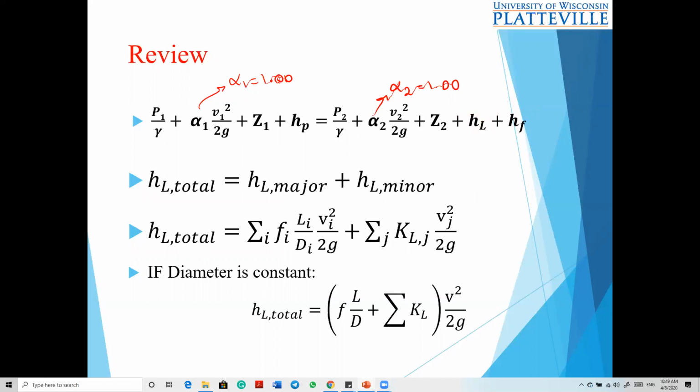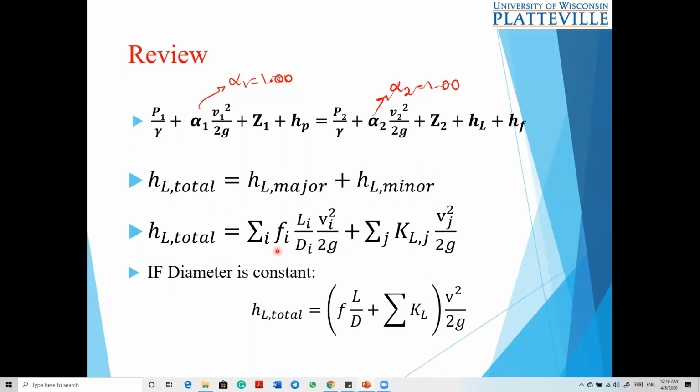We usually calculate head loss due to friction from the equation that we had, but for the head loss, we usually calculate the total head loss, including major loss and minor losses. So major losses come from the Darcy equation. Darcy equation tells us the major losses.